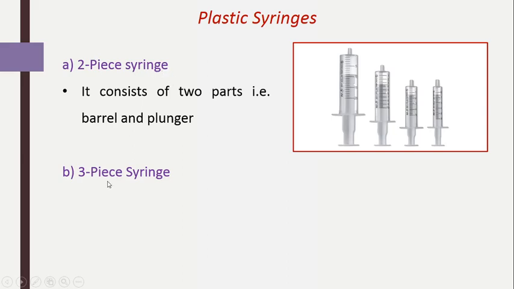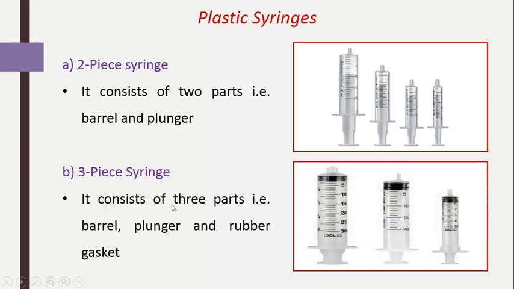Next, 3-piece syringes consist of 3 parts, that is barrel, plunger, and rubber gasket. That's why the name given is 3-piece syringes. So this is about the plastic syringes with the different parts.